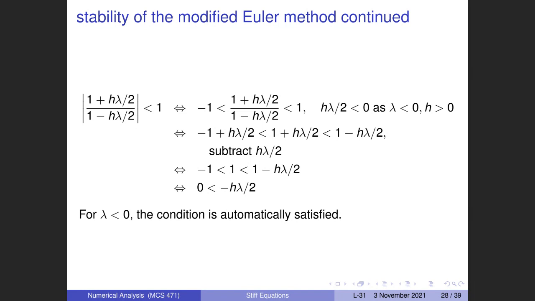So the positivity of h automatically satisfies the condition. So the modified Euler method is actually, on exponentially decaying problems, unconditionally stable.